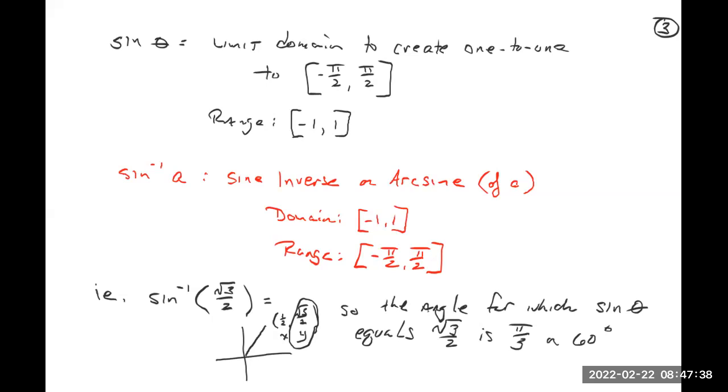All right, let's look at another. So looking at this, we have pi over 4, which gives us square root of 2 over 2 and square root of 2 over 2.